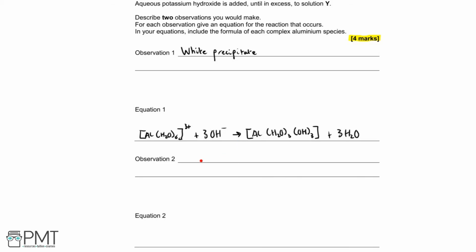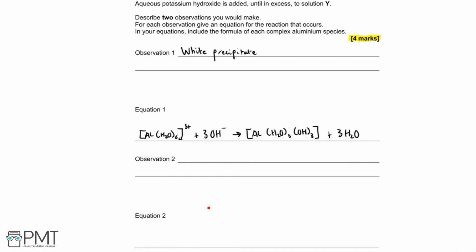Now it comes down to what is then going to happen after this point. And the key to what's going to happen beyond this point is that the hydroxide ions have been added in excess, which means we can actually continue this reaction. So the hydroxide ions can react further, causing more changes to the ligands of this complex aluminium species.